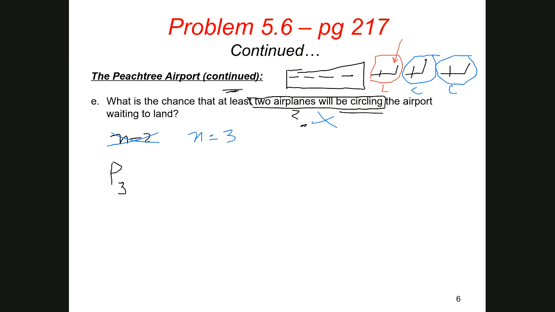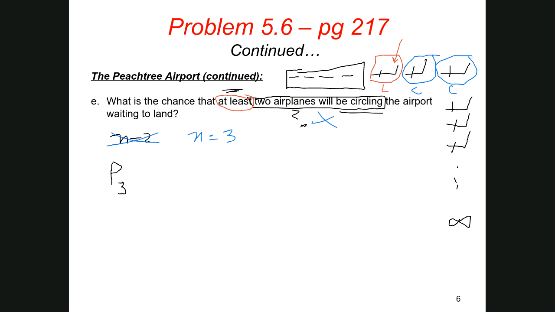But what does the term at least mean? Because then we could have 3 airplanes in the system, we could have 4, we could have 5, we could have 6, all the way out to an infinite number of airplanes.